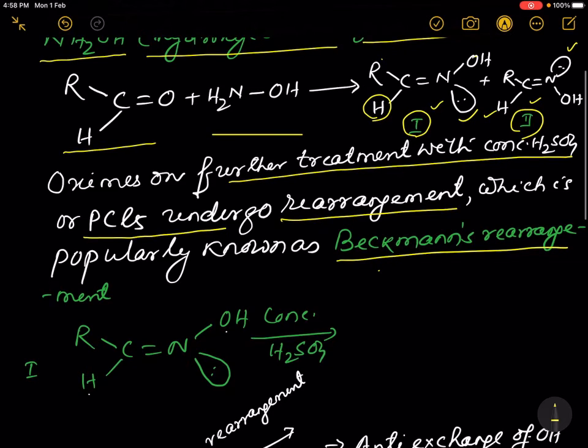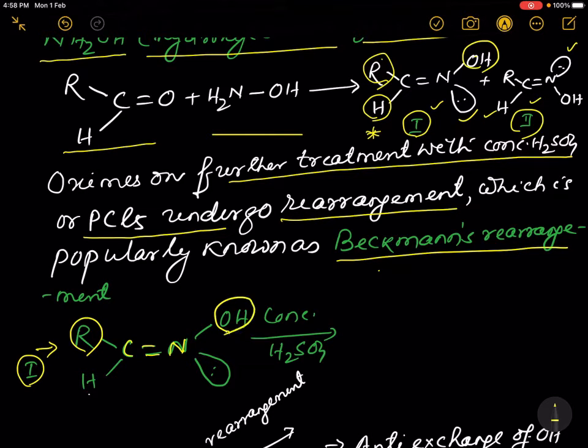You see, this is the structure 1. It is written over here. C double bond N is there, and the R group is written as it is. OH, you see, is written over here. Then H and the lone pair on nitrogen are as shown on the screen.